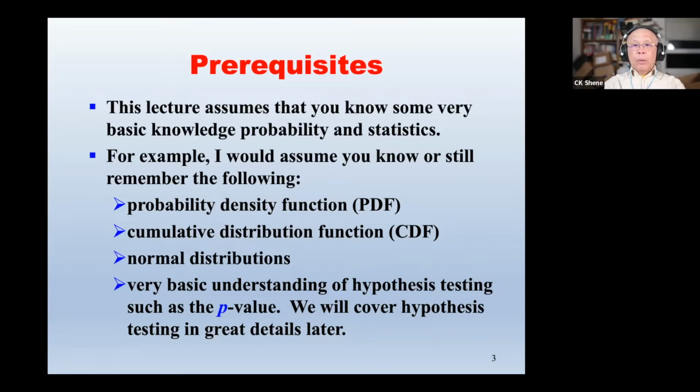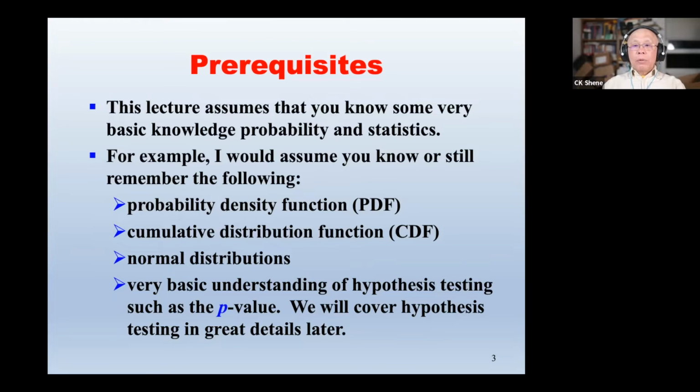For example, I would assume you know or still remember the probability density function (PDF), cumulative distribution function (CDF), normal distributions, and a very basic understanding of hypothesis testing, such as the p-value.